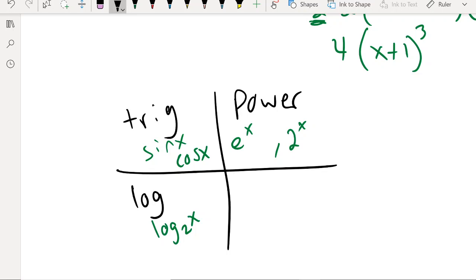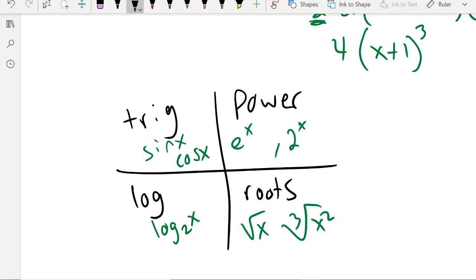Powers, logs, roots. Yeah, roots. So like the square root of x or the cube root of x squared, right? Something like that. So all of those things, if you combine them, you can make it so that you have a chain of a chain of a chain.